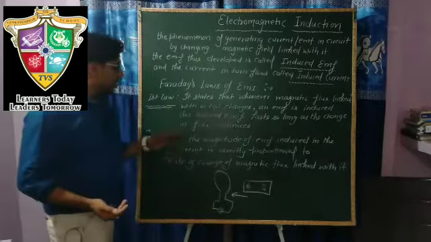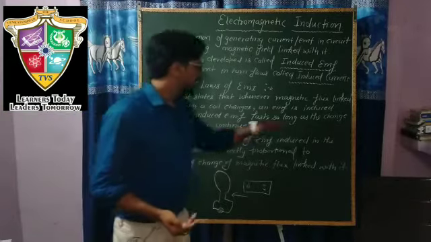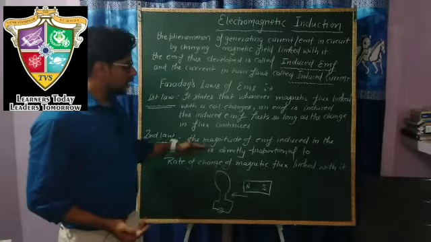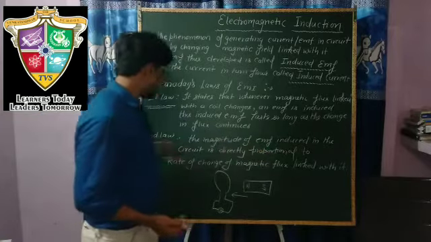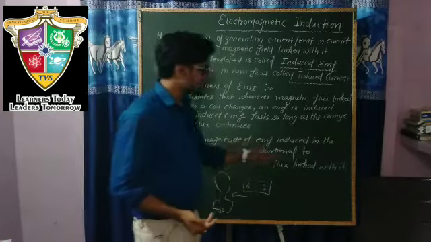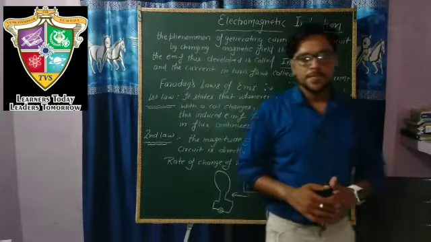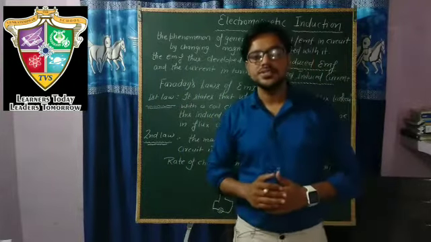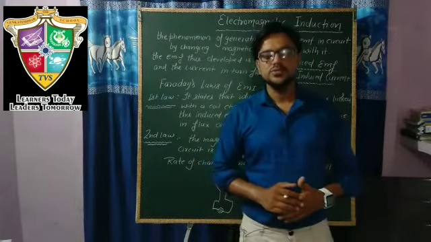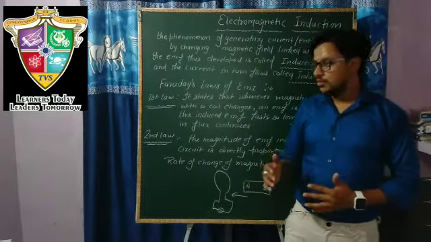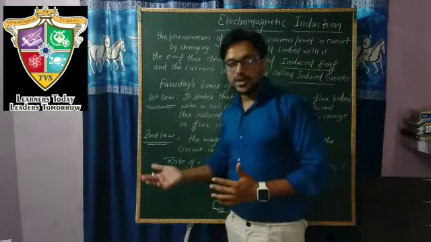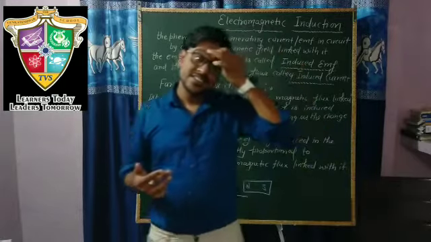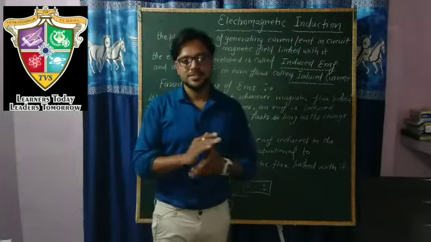The magnitude of induced EMF in the circuit is directly proportional to the rate of change of magnetic flux linked with it. Means the faster the magnetic flux is changing, the larger the value of induced EMF. And if you have a slow rate of change of magnetic flux, then EMF will be less.